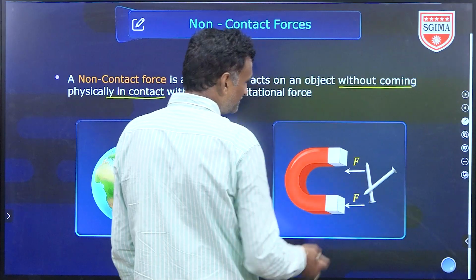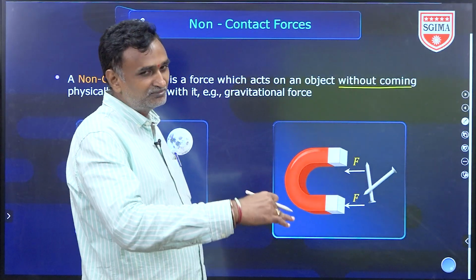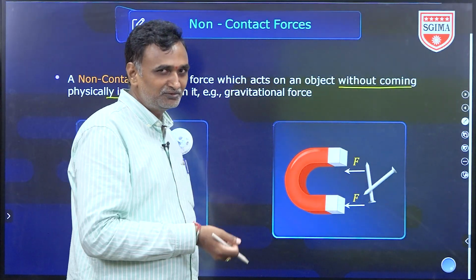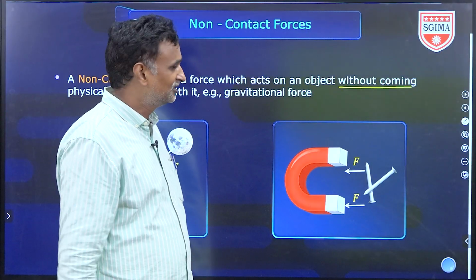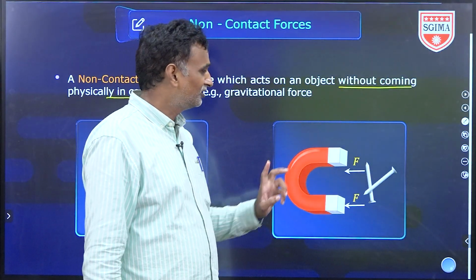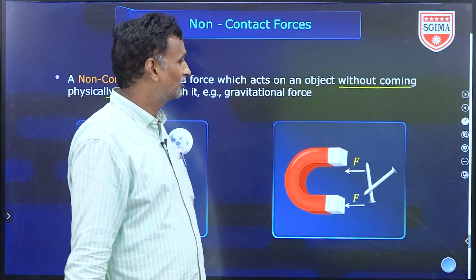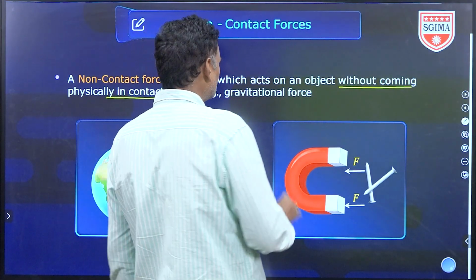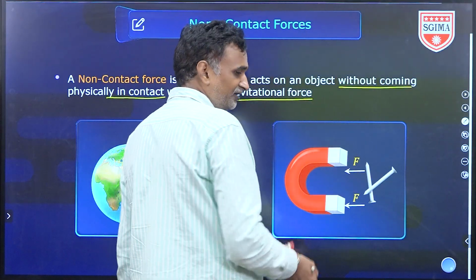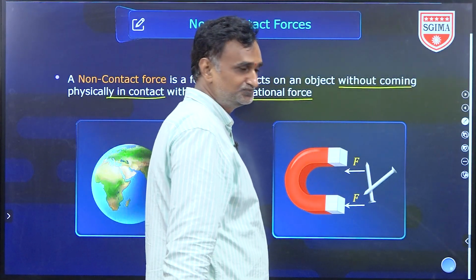There is no need to make contact initially, they influence it, and after pulling they attract. Such forces are called forces at a distance, or non-contact forces. The examples given are gravitational, magnetic and electrostatic force.